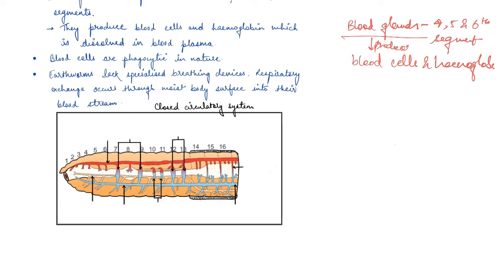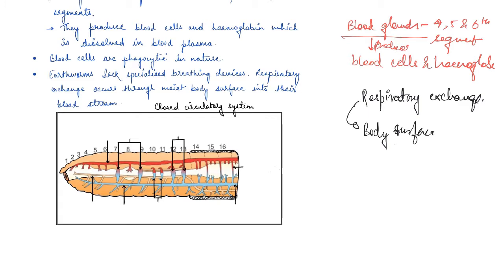The blood cells are phagocytic in nature. Earthworms lack specialized breathing devices. They do not have a respiratory system. So the respiratory exchange happens through the body surface, right?